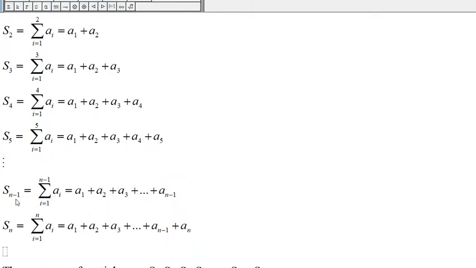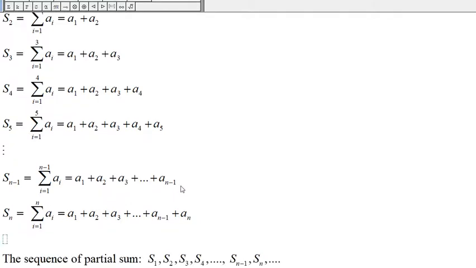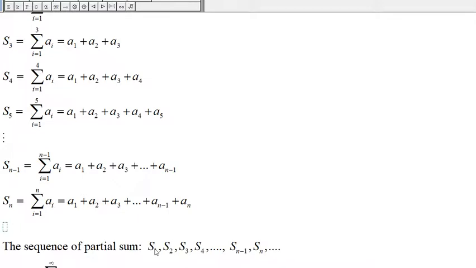Then S sub n minus 1 will be the sum of the first n minus 1 terms. S sub n will be the sum of the first n terms. And the sequence S sub 1, S sub 2, S sub 3, S sub 4, S sub n minus 1, S sub n, and so on, is called a sequence of partial sums.